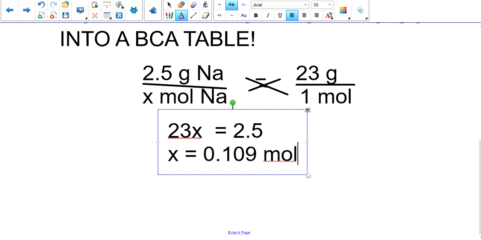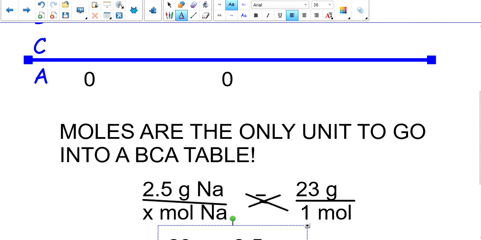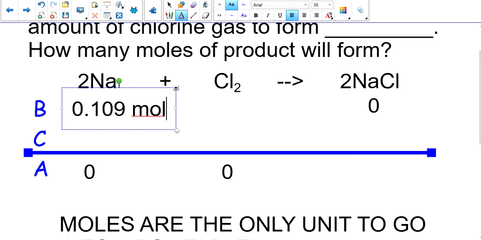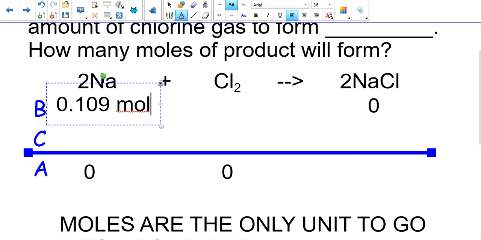So that is an indication of the number of particles of sodium that I have. Now that can go in my BCA table. That is the amount of before that I have, 0.109 moles. And now the rest of this is the same as what we have.